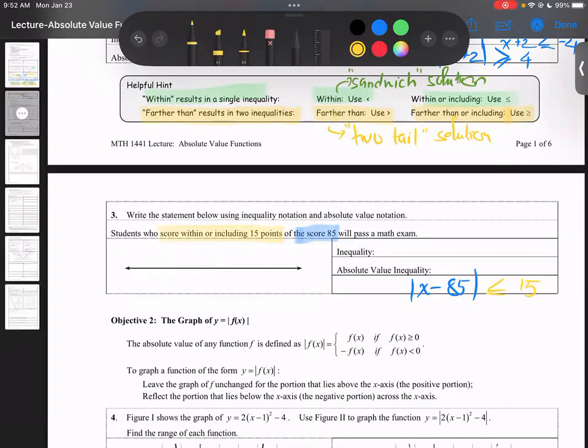See if it makes sense. 85 is my center right here, x minus 85, and then it goes 15 units each way. So it's within or include, you're gonna have a one line inequality, being sandwiched. So x minus 85 is sandwiched between what values?